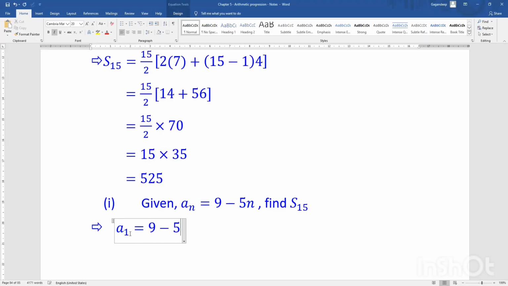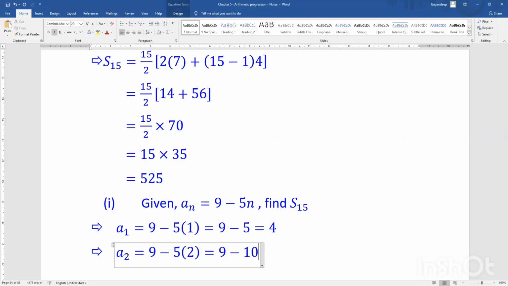That is 9 minus 5 equals 4. And then we have a2 value. This is equal to 9 minus 5 into 2, which is 10. So that means we get it as minus 1.